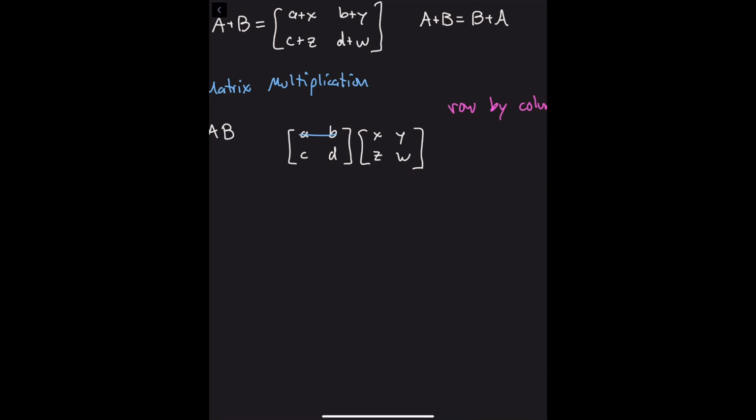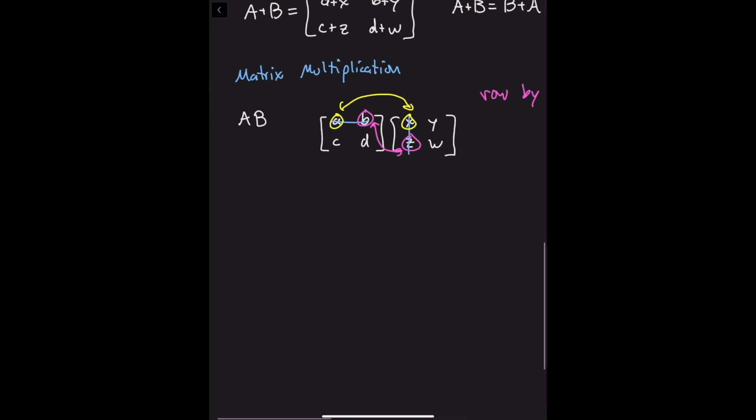So basically, we look at this row on the top here, A and B, and then we look at this column here. We're going to match this element to this element, and then this element to this element. We're going to multiply the two with matching colors, and then multiply these two and then add the result together.